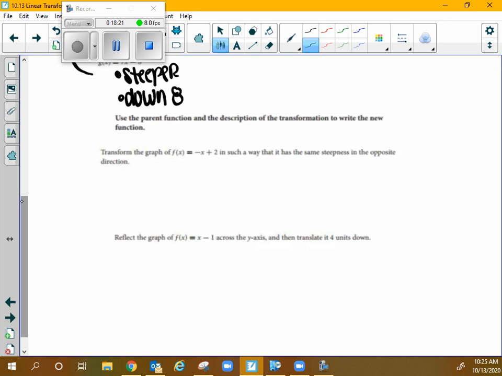Did the y-intercept change? No. Same steepness in the opposite direction. What would that be? The slope has to change sign. It's a reflection, so that would make my new function f of x equals x plus 2. We just changed the sign.